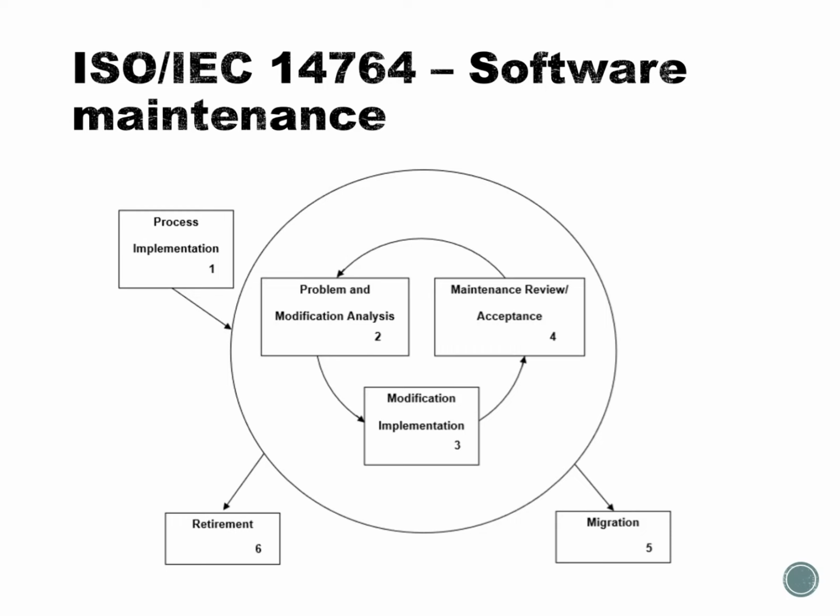But this is more or less the way it explains things happen. We find some problem, we analyze the problem, we implement the modification, we review and see that it actually works, and then we migrate to the new system or commit to the fix, or we retire the software, because it's always a possibility that this simply doesn't work individually.